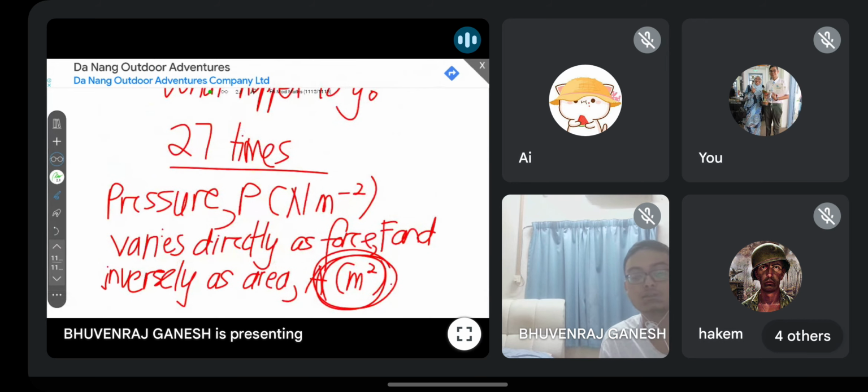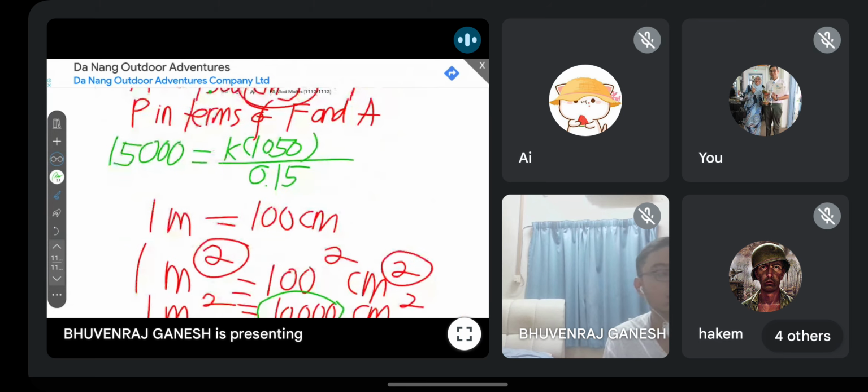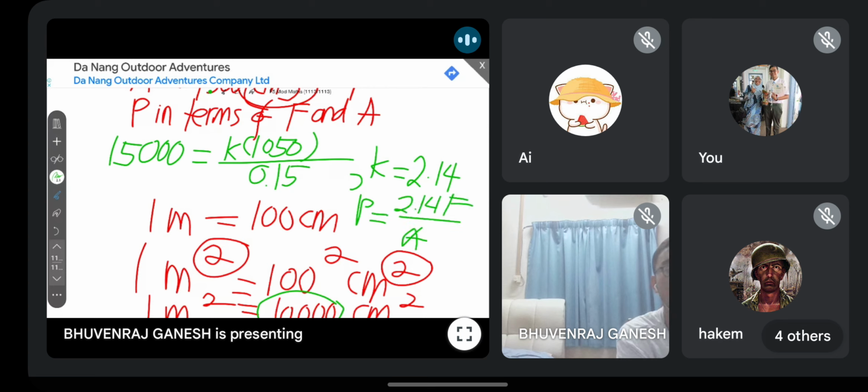Unit saya dalam meter kuasa 2 for luas. Okay, that is why we must apply meter square here. Okay, so if you count, you will get K equals to, it should be a smaller value, 2.14. That is the K value. So that's why P is equal to K F over A. So ini cara kamu ungkapkan P dalam sebutan F dan A.